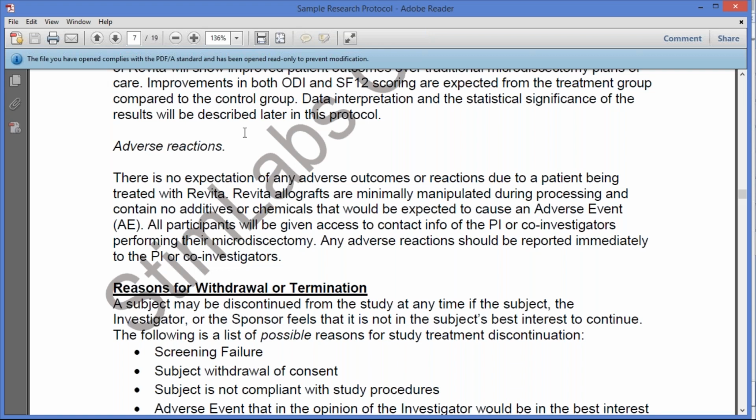Here the Revita allografts are minimally manipulated. No additives, no sedatives, no chemicals that would be expected to cause adverse effects. So we are not expecting any adverse effects, because the product is already used in the market and the surgery is a known procedure.